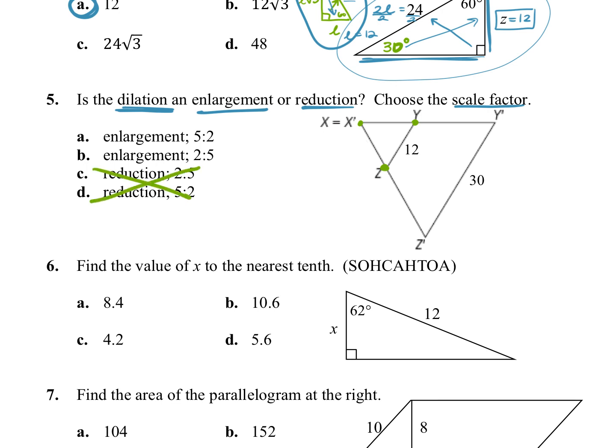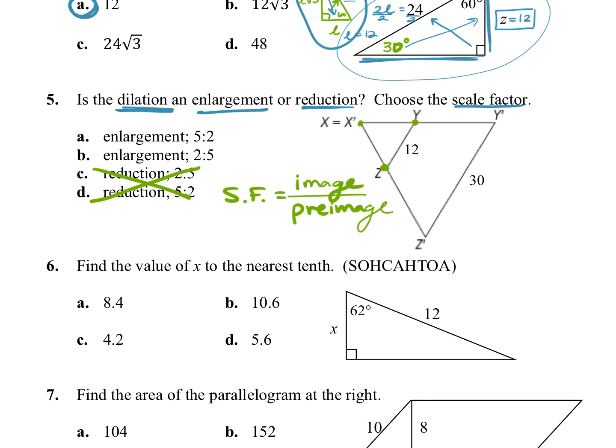Okay. Is your scale factor the pre-image over the image or the image over the pre-image? I would write that down if I were you. Image over pre-image. What is the image number?